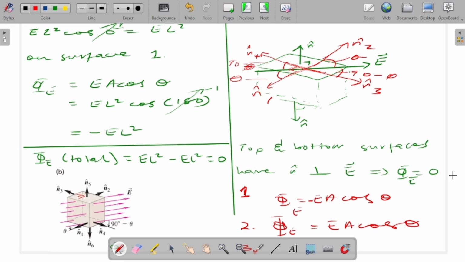It's not negative. Remember, N2 is this one. These ones are vertically opposite. The angle is the same. What differs is that the normal is now backwards.